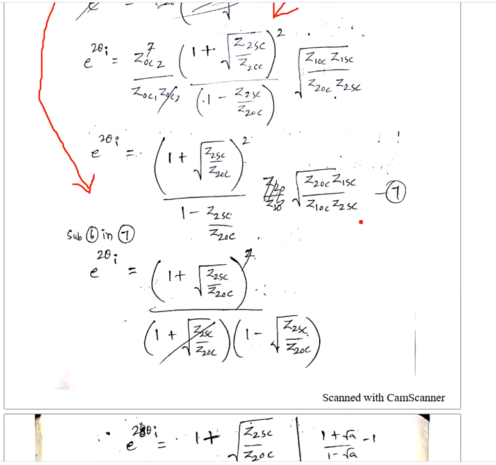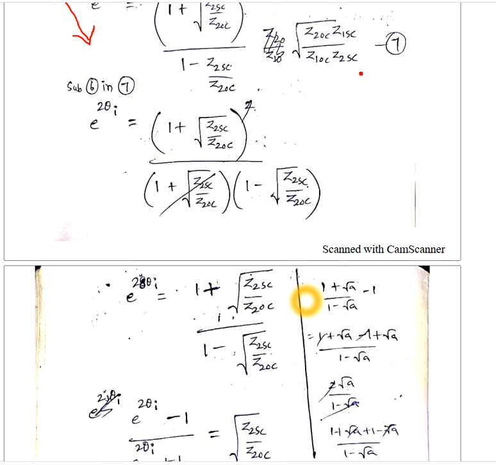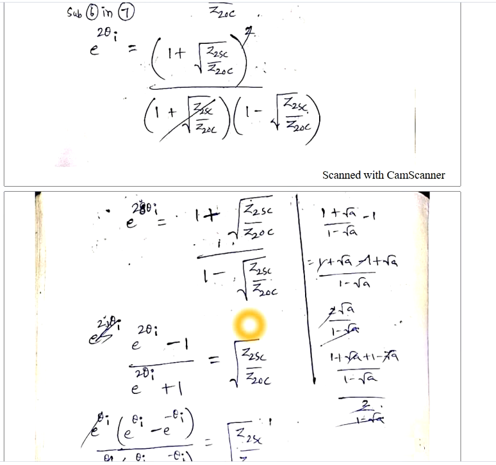So if you see, you will get this equation which is like e power 2 theta is equal to 1 plus square root of ZSC2 by ZOC2 divided by 1 minus square root of ZSC2 by ZOC2, right? Now if this is e power 2 theta I, now I would like to consider e power 2 theta I minus 1 by e power 2 theta I plus 1.